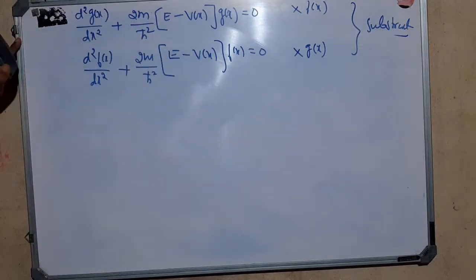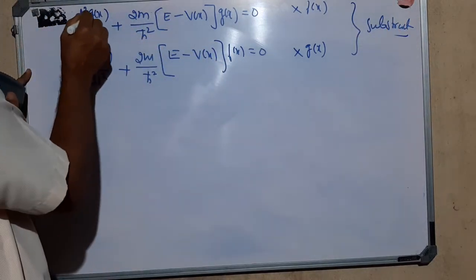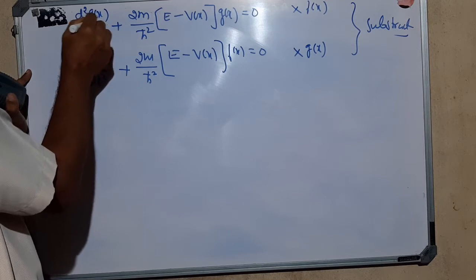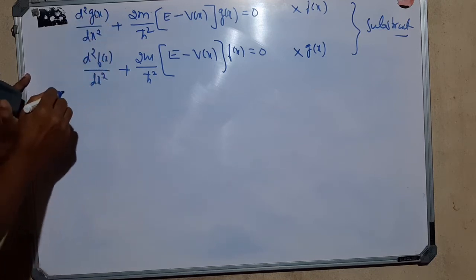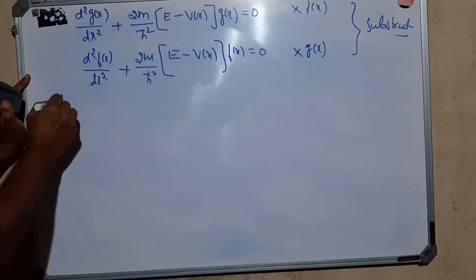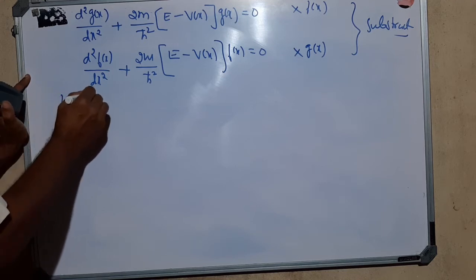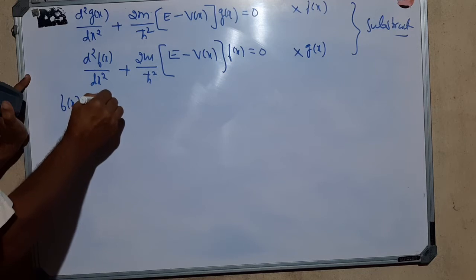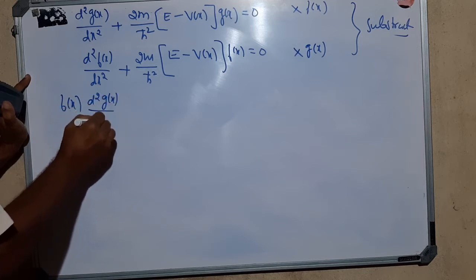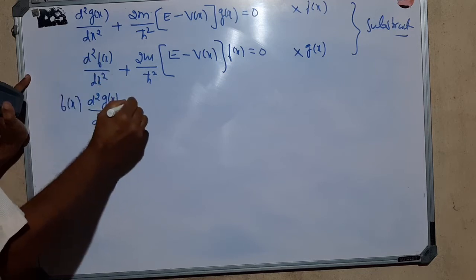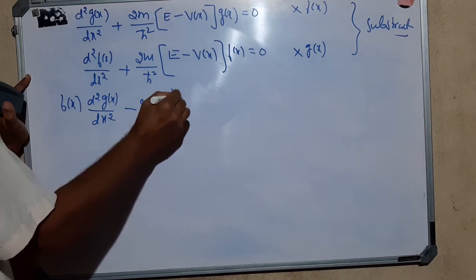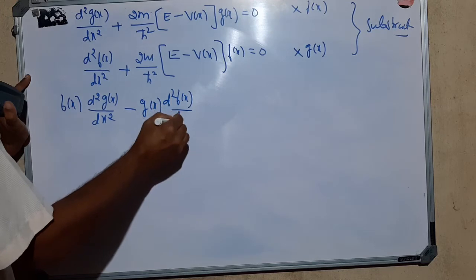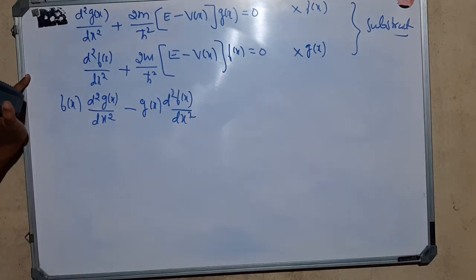Subtract. What you will get? See, this is multiplied with f of x. This minus this. This is multiplied with g of x. That means you are getting now f of x into d square g of x by dx square minus g of x into d square f of x by dx square.